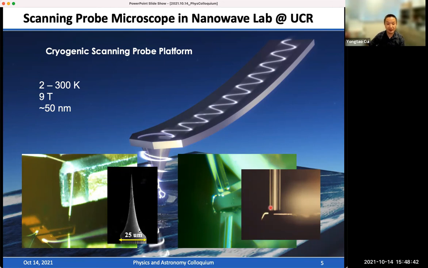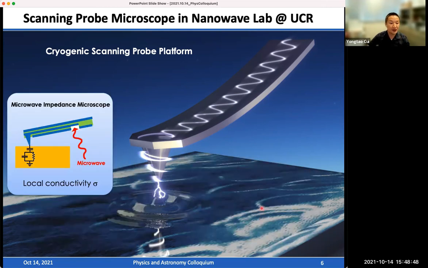Okay, so there are many variations of this technique, depending on the probe you choose and the kind of measurement you do with the probes. In our lab, we focus on microwave impedance microscopy. In this case, we use a microwave signal, an AC signal, to measure the little capacitors and resistors formed between the tip and the sample.